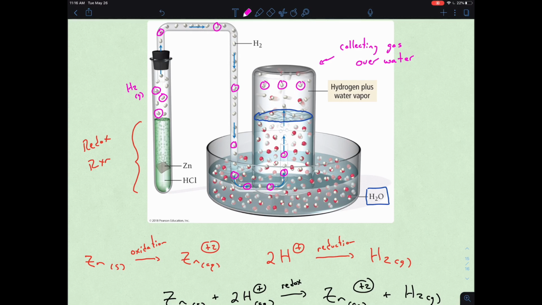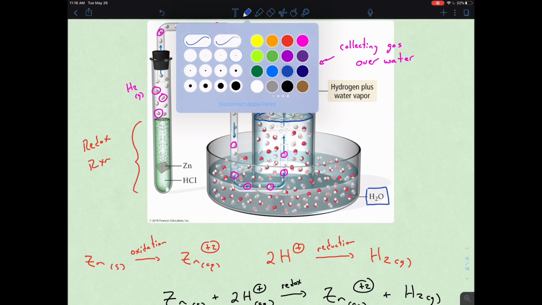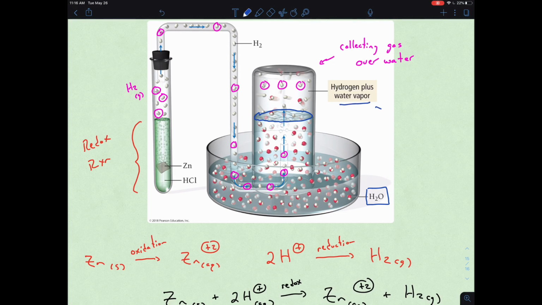Now, remember, H2O has a vapor pressure, right? We talked about that notion of vapor pressure already, meaning that with liquids, there's always a certain amount of that liquid actually in the gaseous phase.